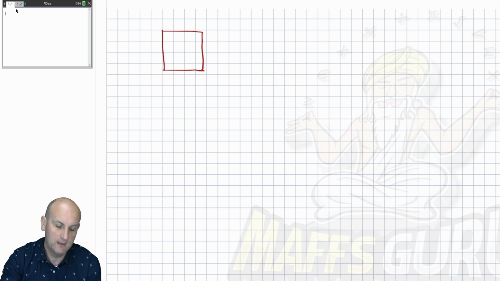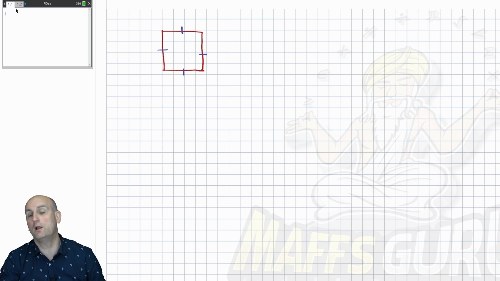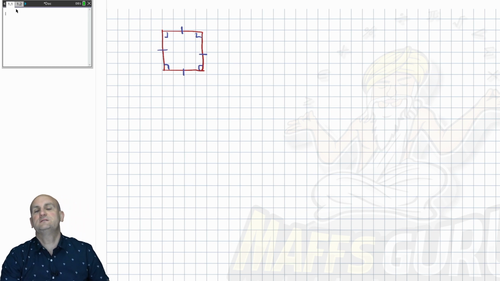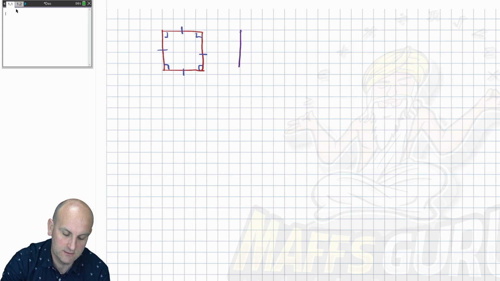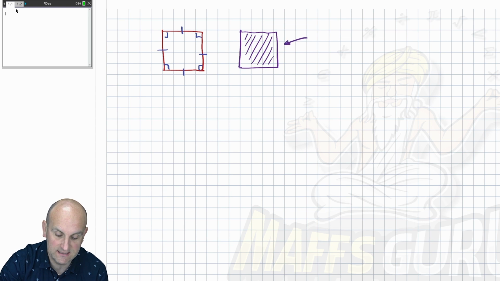By putting these little lines here, it makes it a lot closer to being a square, but we would also need to put our little right angles in the corners as well. Obviously, that makes the diagram look a little bit confusing. So at this moment in time, we are just going to say this is a square, and the area is the stuff inside. That is the area. It is the space inside.